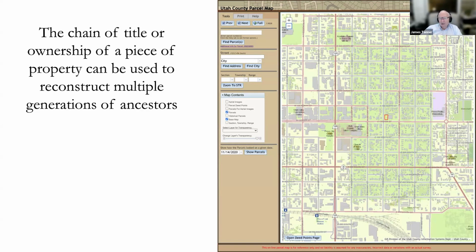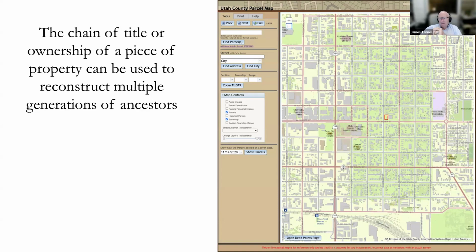Now, what I have showing here is a parcel map for Utah County in Utah. This is not unique. It was the same thing in many states, and many counties have maps that are similar to this. With this map, you can go in and find the parcel of any piece of property, any of those houses or buildings.